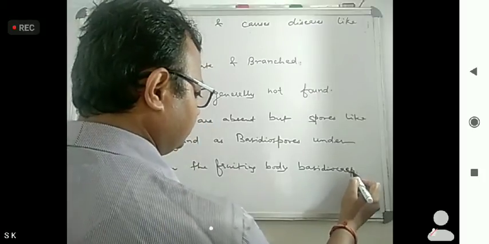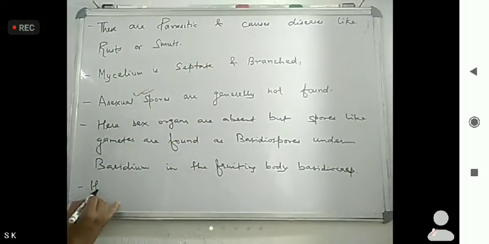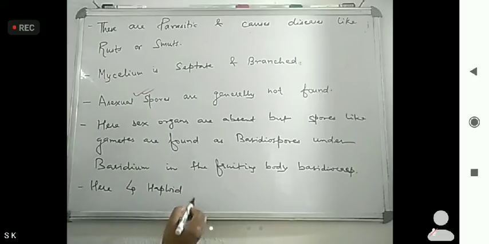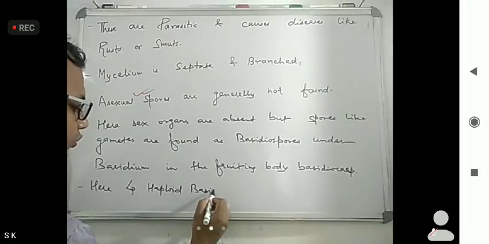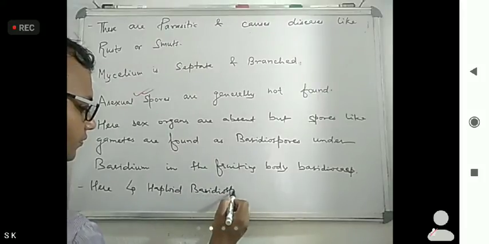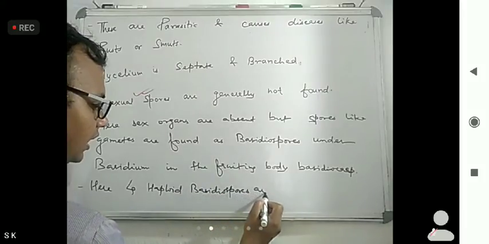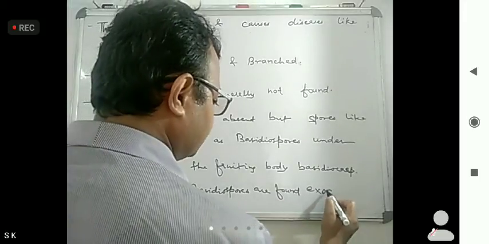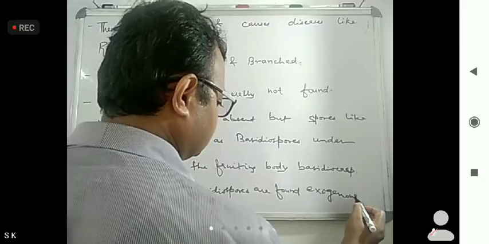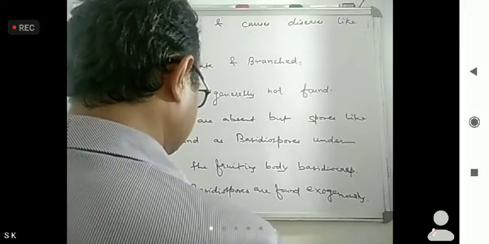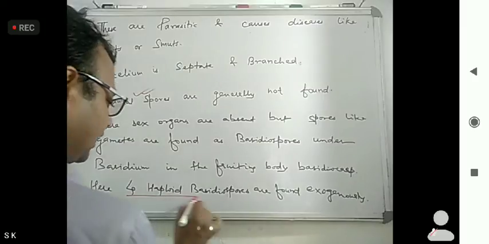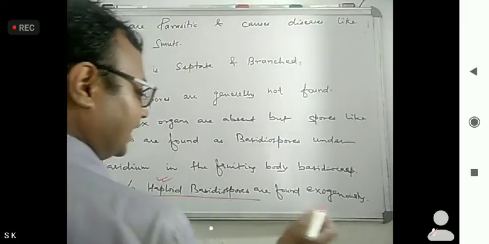Now, here what you have to remember: 4 haploid basidiospores are found exogenously, outside, and the previous one was what, 4 to 8 haploid ascospores, endogenously.